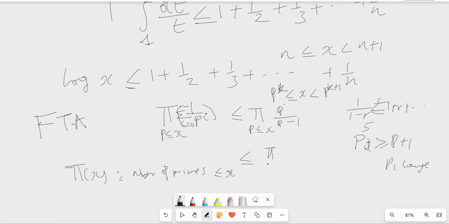So from here we have this product over i from 1 to pi(x) of p_i over p_i minus 1. This is less than or equal to the product for i equal to 1 to pi(x) of (i plus 1) over i.